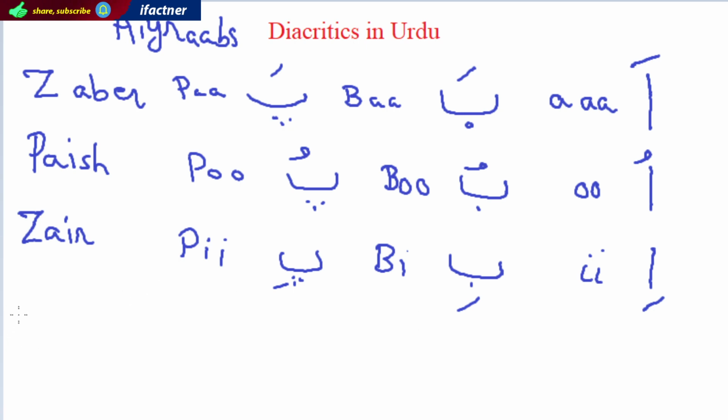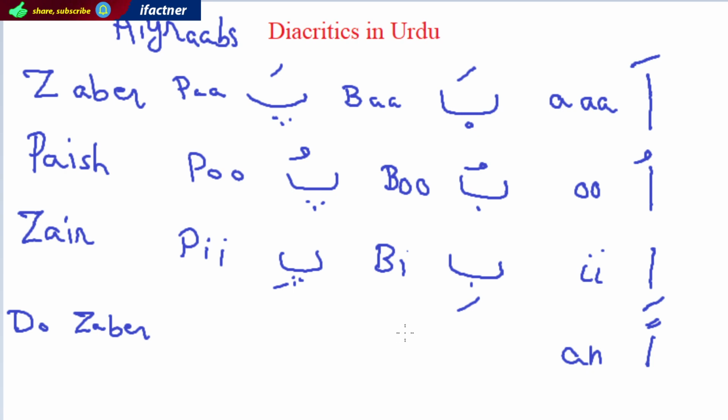For example, we have Do Zabar in Urdu. Usually it comes on top of a few characters, for example Alif, and then it changes its sound to an. For example, we have a word.